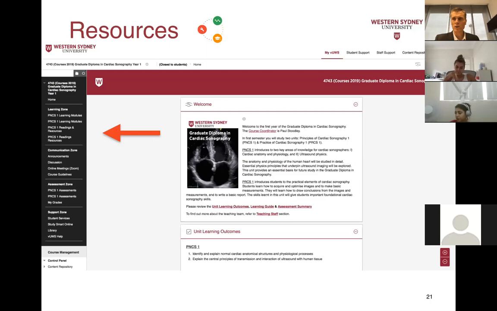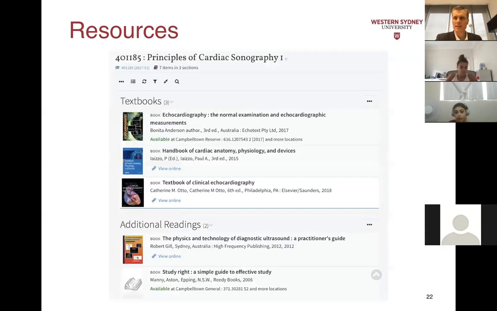The learning zone is where you're going to access most things from. The communication zone's a little bit different, just to give it a little bit of structure. But in the learning zone, by clicking on the readings and resources, you're able to access the textbooks and other things related to those units, according to whatever you click. So that's an example. You'll see there are a couple of the textbooks that you can access online.